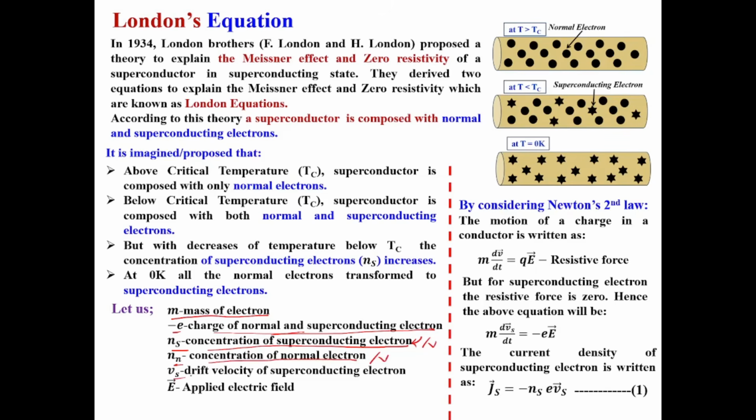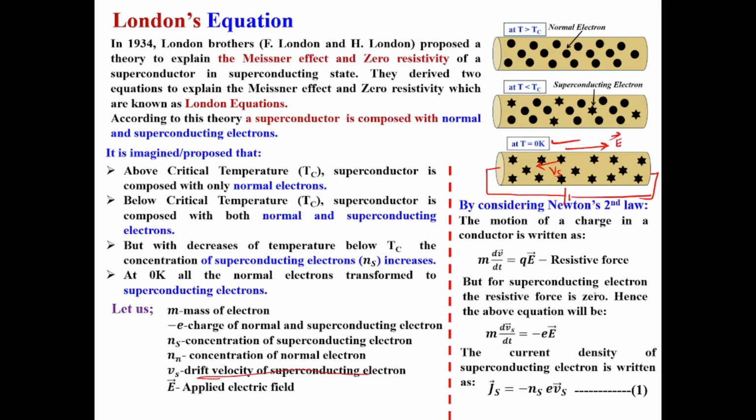Vs is the drift velocity of the superconducting electron, and E is the applied electric field. Suppose we apply an electric field, with this the positive and this the negative terminal, then electrons will be dragged towards this side with a velocity Vs, the drift velocity of the superconducting electron. Obviously the electric field will be along this direction.